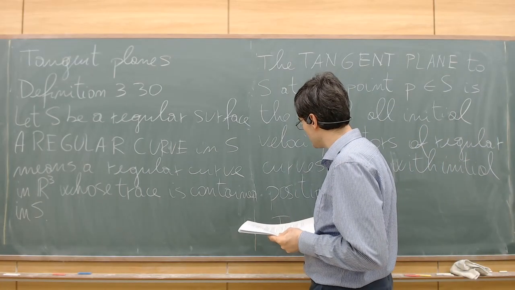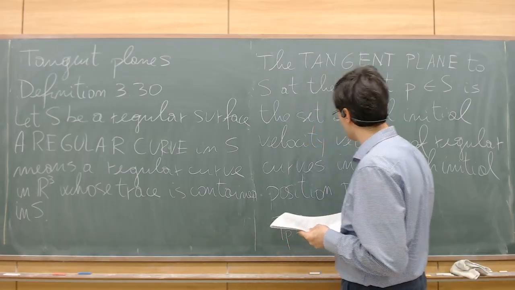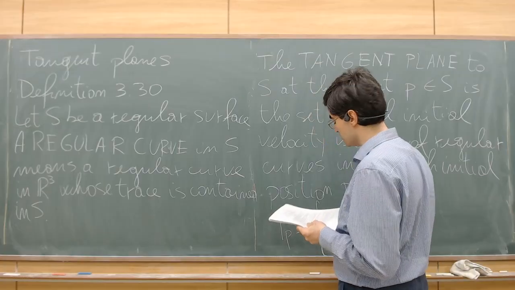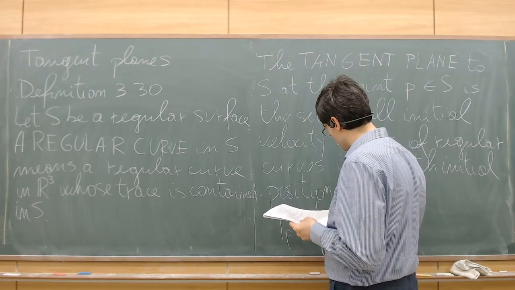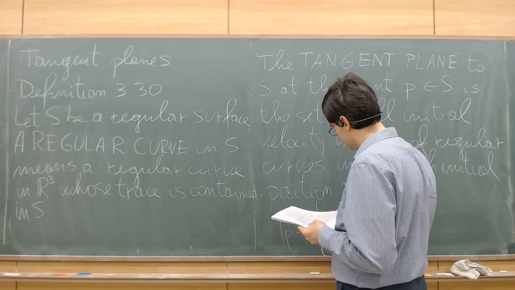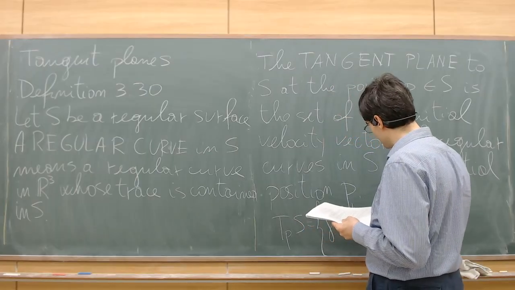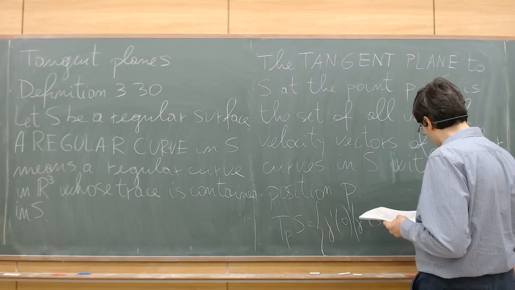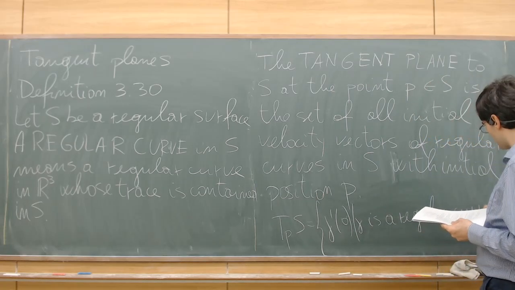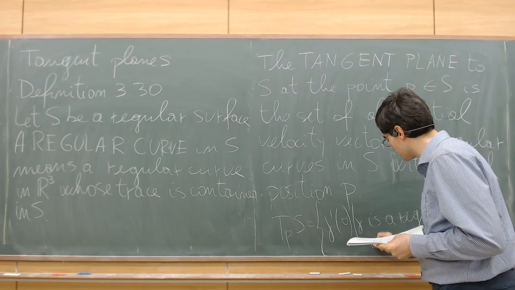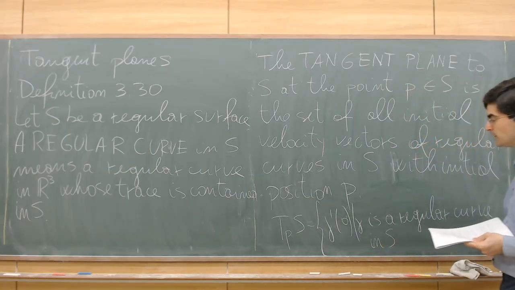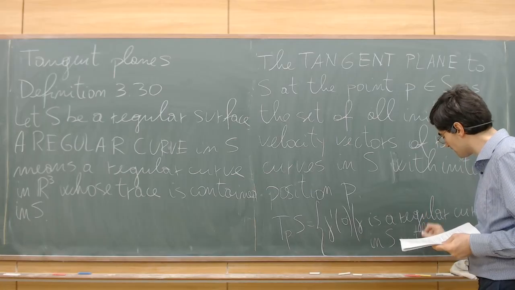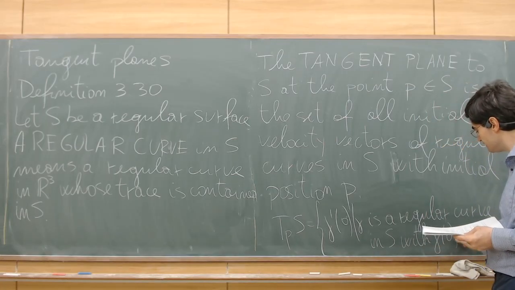We write T, P, S, and this definition here says that this is the collection of gamma prime 0, where gamma is a regular curve in S, whose initial point is P, with gamma 0 equal P.